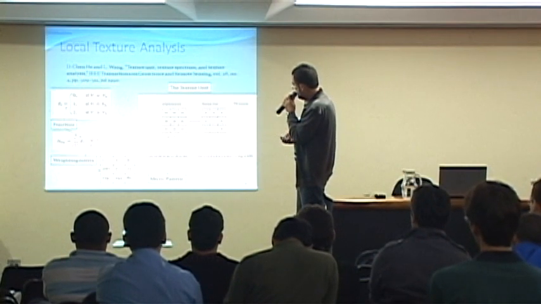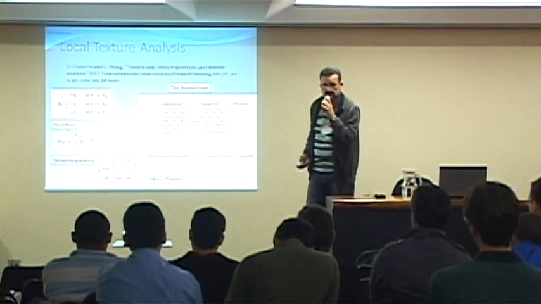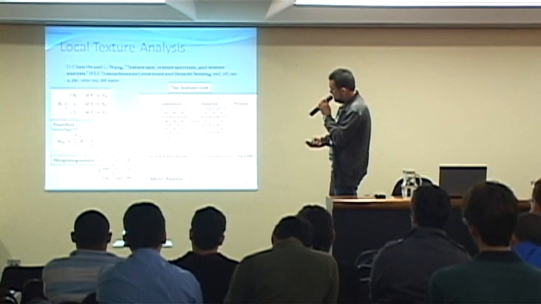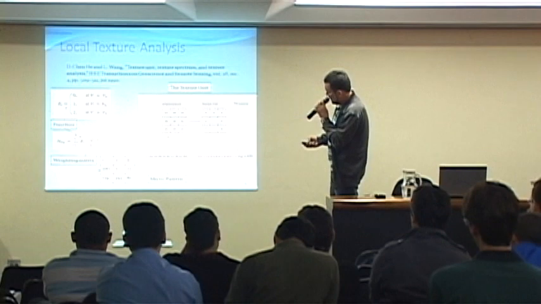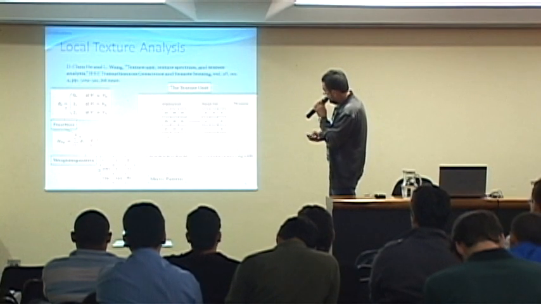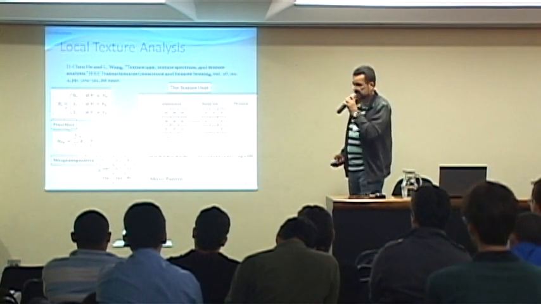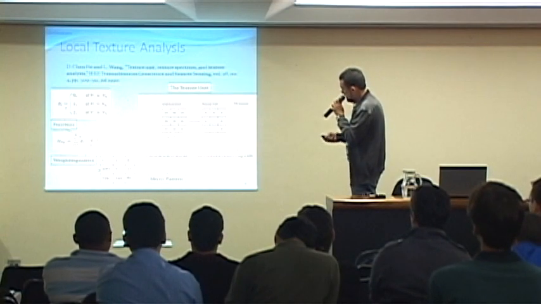If the central pixel is less than, equal to, or greater than the other pixels, they use a power of 3 and calculate the texture unit for a region.